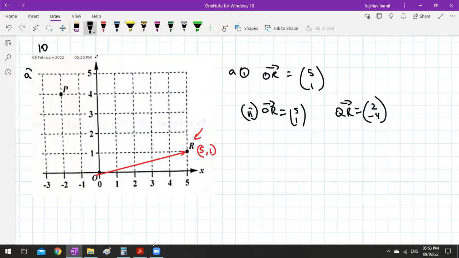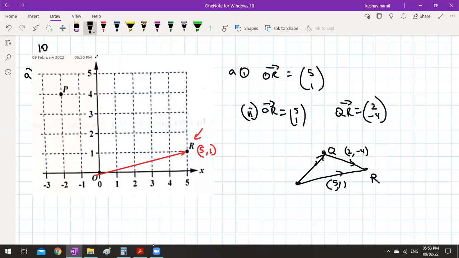So in a vector, I would say this is R here, and let me just put Q randomly in a spot, right? We know that going this way is 5, 1, and going this way is 2, negative 4, right? So we really want to find OQ.